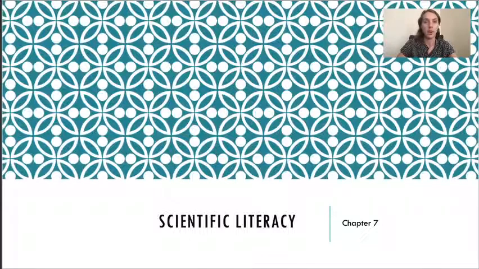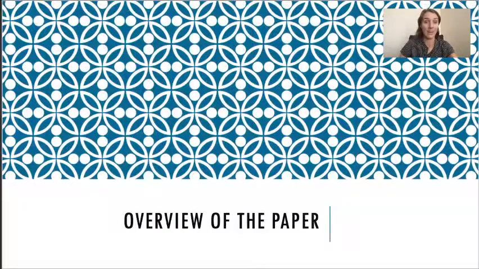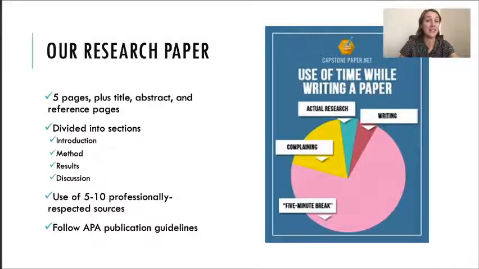I start off talking about just the overview of the paper that we will be writing in this class. So our research paper is going to be a standard scientific research paper. We're going to have all of the major components of a research paper. You're going to have 5 pages of writing, okay?